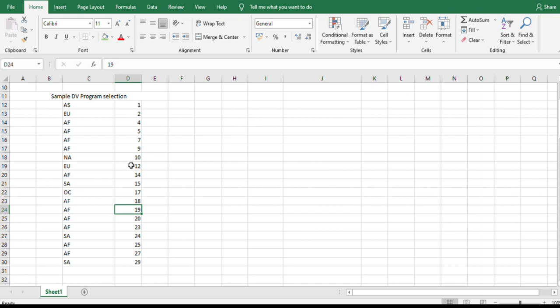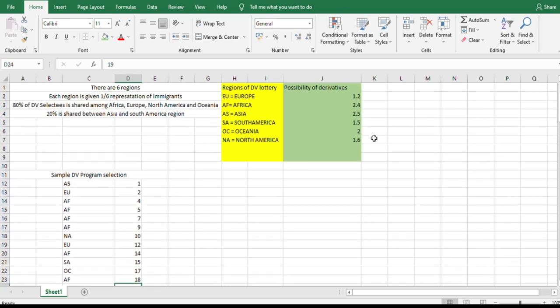So what they usually do is that they have given every region a certain possibility number or probability number of the selectees having a family. Let's return up here. Like for example, we have possibility of derivatives. So for example, for Europe, based on former DV lottery programs, maybe they would have realized that the probability of a selectee having a family is 1.2.